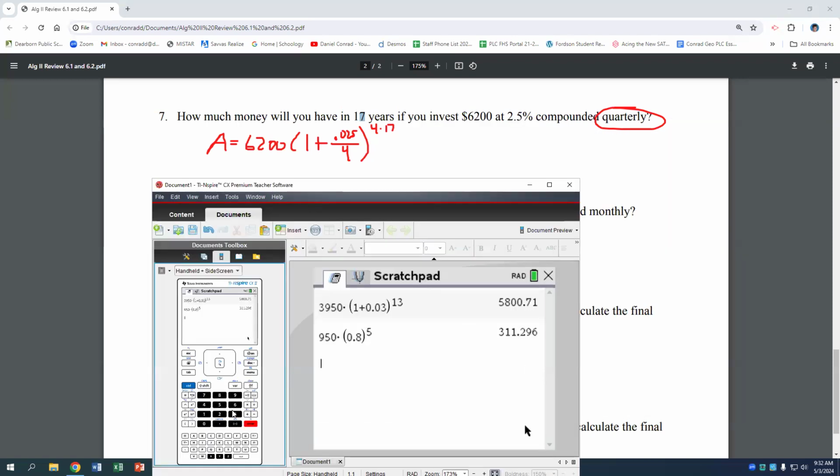So we can put that all straight in our calculator again. We're going to have 6,200 times 1 plus 0.025 all over 4, to the 4 times 17.